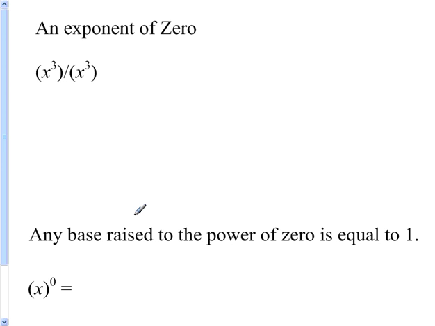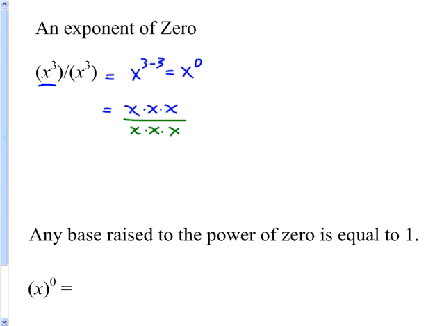So let's go back to this question. Now, if I was just following my exponent laws, when I'm dividing, remember we would subtract those. So this is the case where I would actually get x to the power of 0. But what does that mean? So let's go back to what our exponents mean. So once again, I'm going to represent that one in blue. So there's 3 x's there. And we represent the bottom in green.